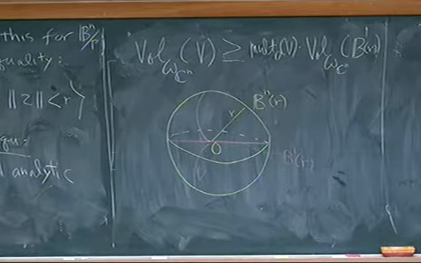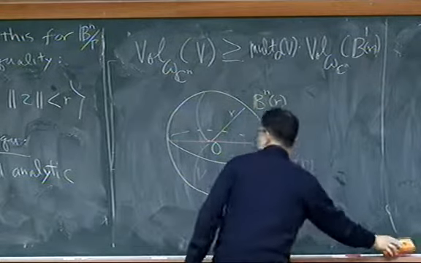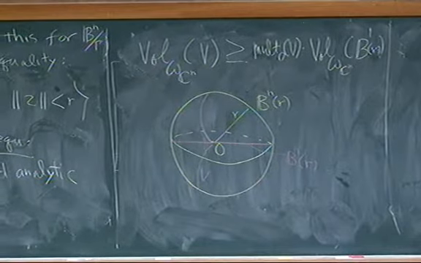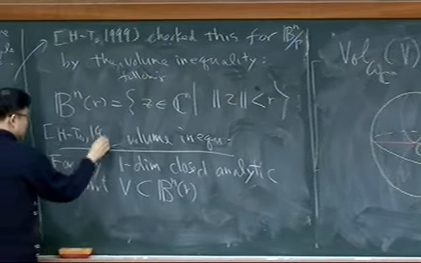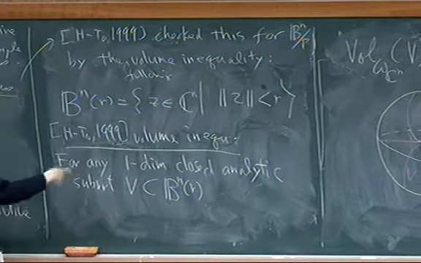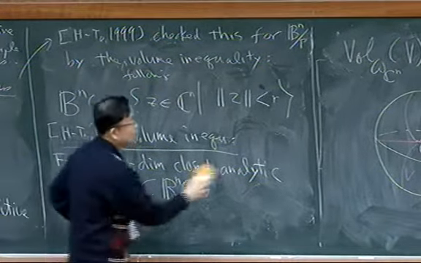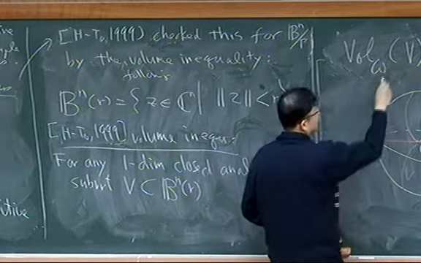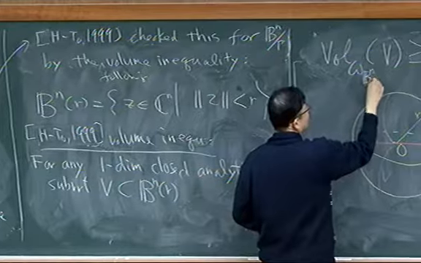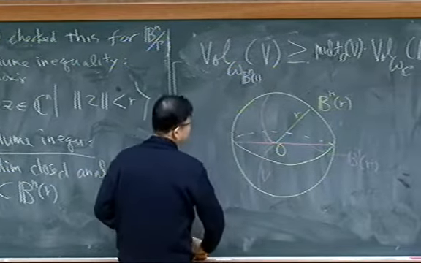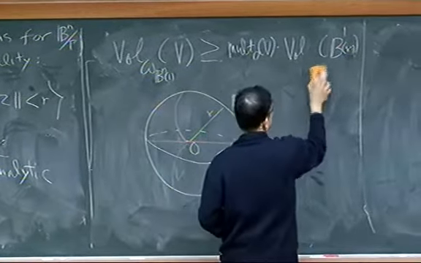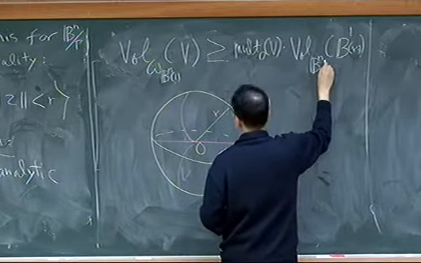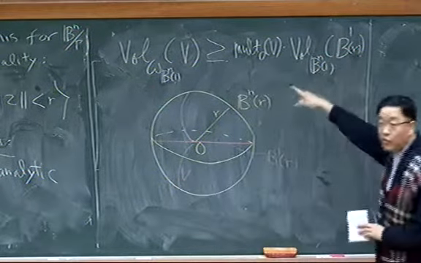Now, what we proved in '99 is the same volume inequality, but not with respect to C^n, but with respect to the ball B_n(1) with the Bergman metric, the hyperbolic metric. That was the key point of our result.